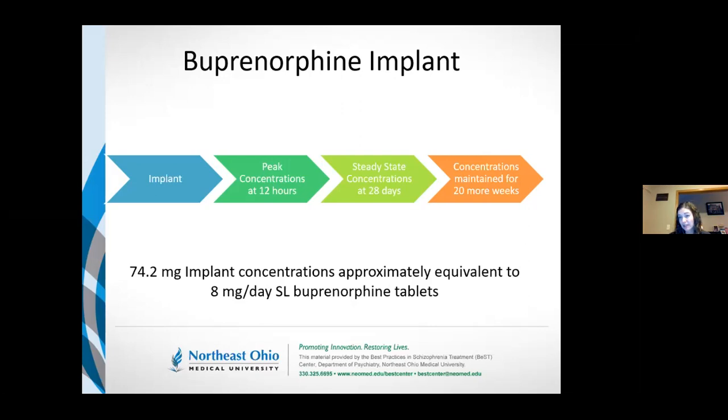Patients are generally thought to be at steady state, so their concentrations of what's being delivered and what's being eliminated have leveled out, about a month in. Those concentrations can be maintained for 20 more weeks, and it is equivalent to about 8 milligrams a day. So if patients need a higher dose, this would not be a good option for them. And it tends to be something that's not utilized incredibly commonly because coverage also tends to be problematic.